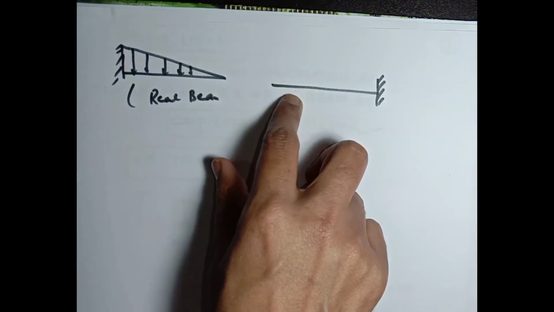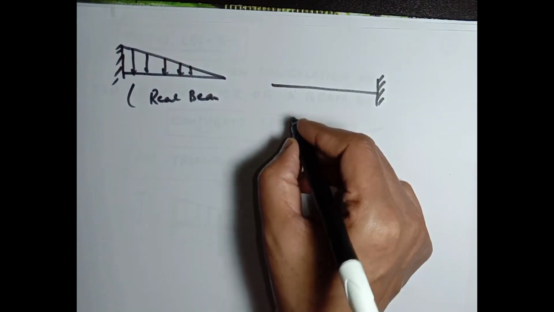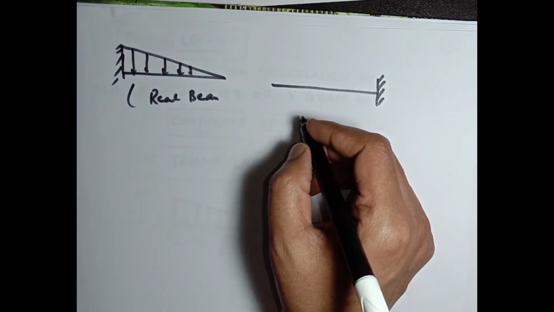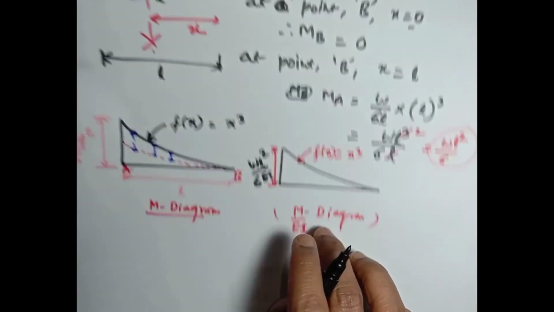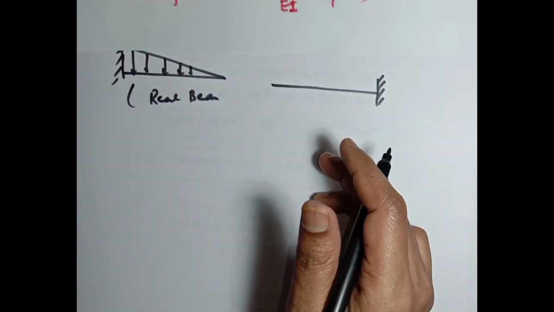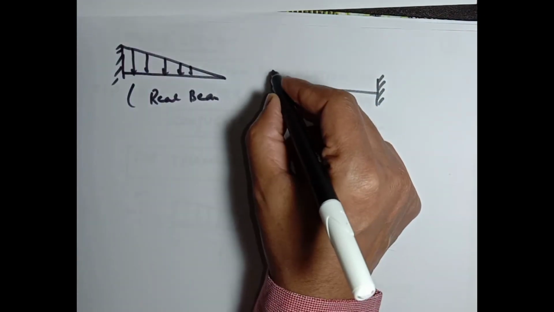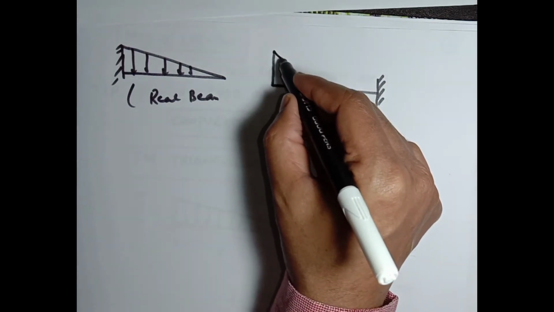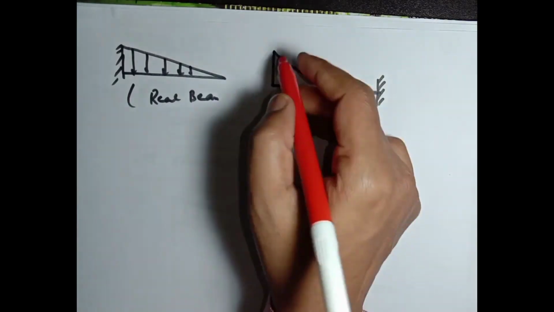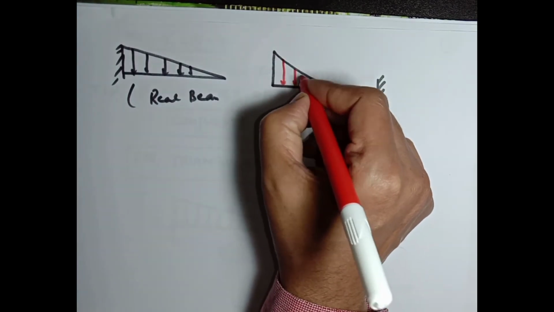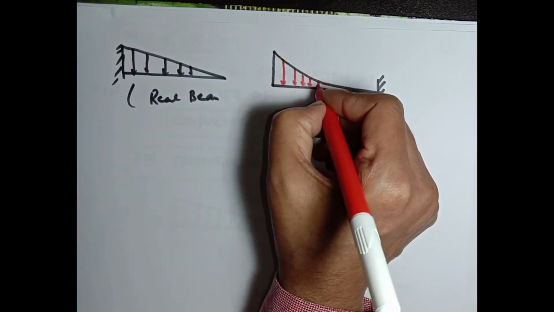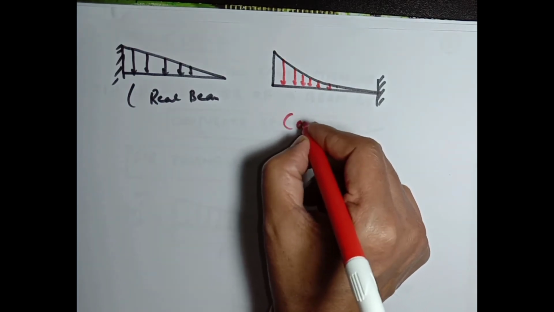The loading diagram for this conjugate beam will be the M over EI diagram of this real beam, which will be put here in the same manner. So it will be something like this, and it will be the loading pattern in this conjugate beam.